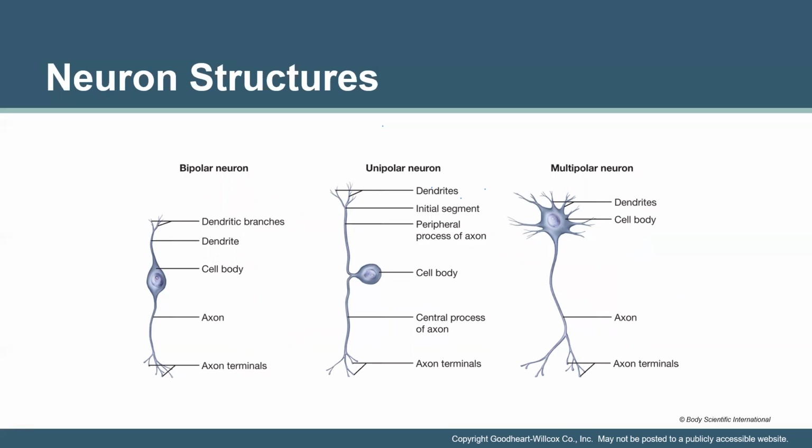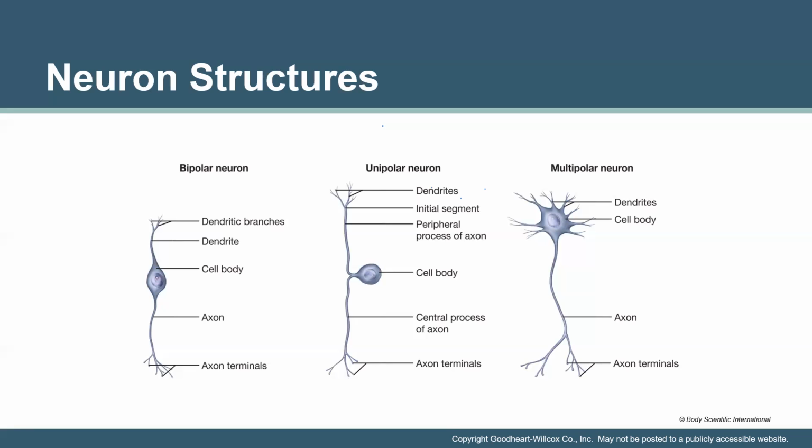When we say that, that just means the whole extension coming off of one end of the neurosoma. At the end of the dendrite, you have dendritic branches, which will spread out like little tree branches, picking up different signals and stimuli. And we saw that within the axon terminal as well. They have these little tree branches at their ends.